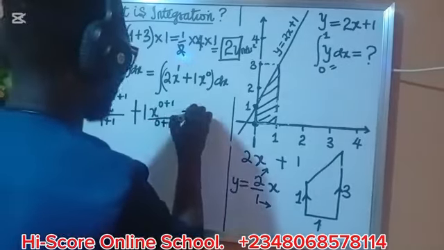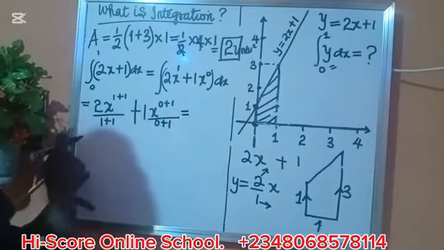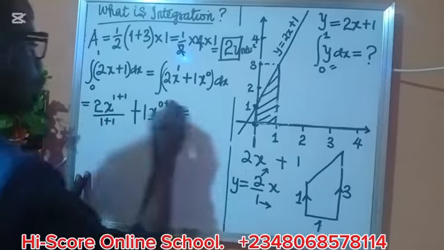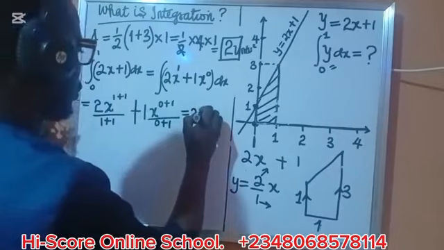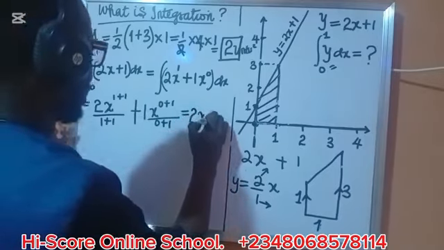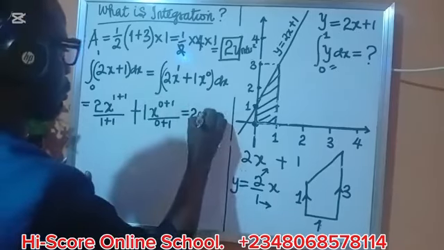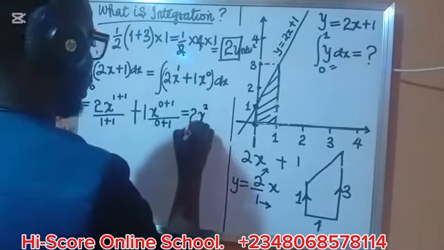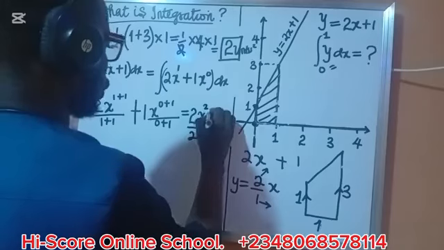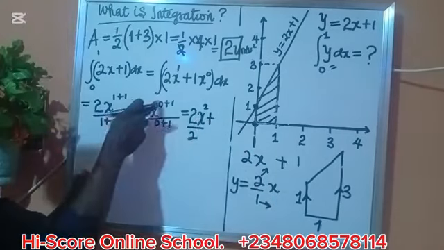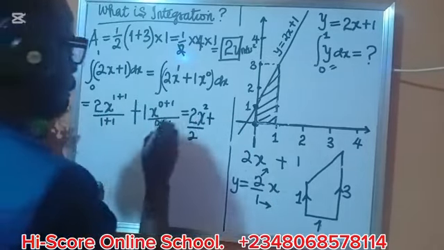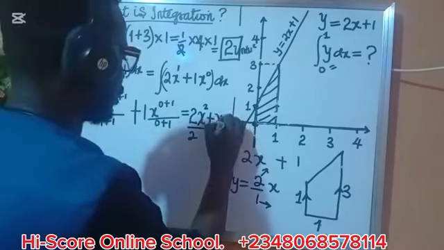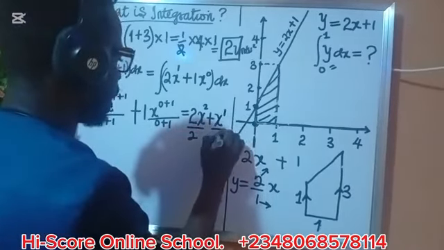This will give us 2x squared divided by 2, plus x to the power 1 divided by 1.